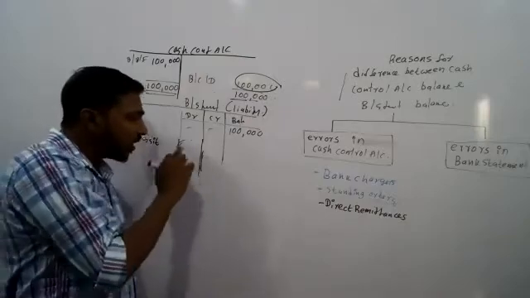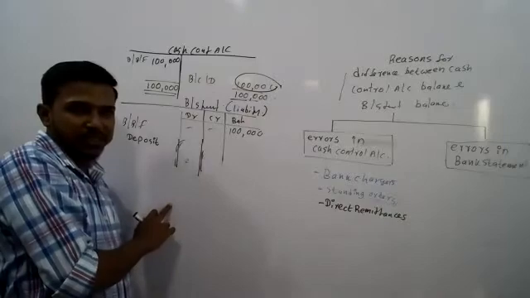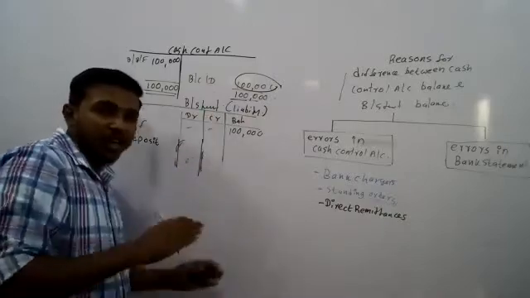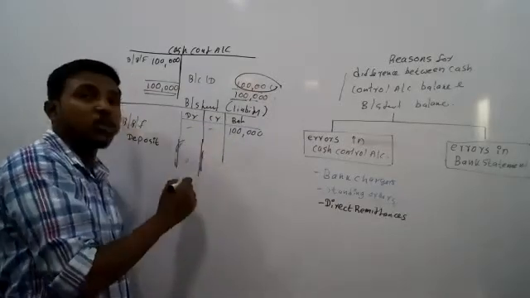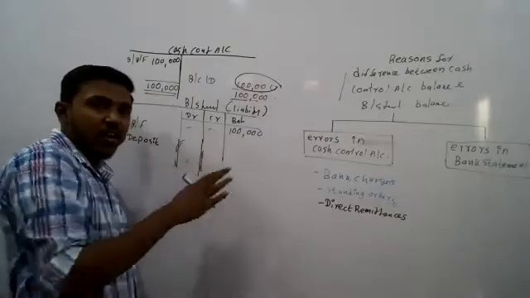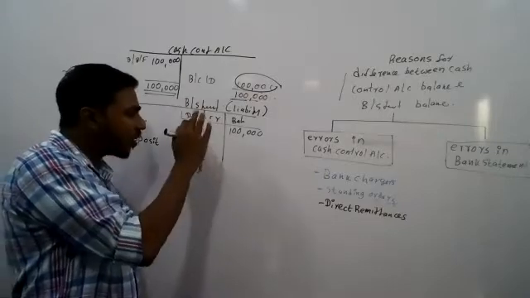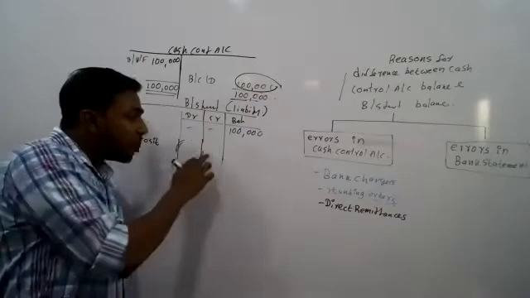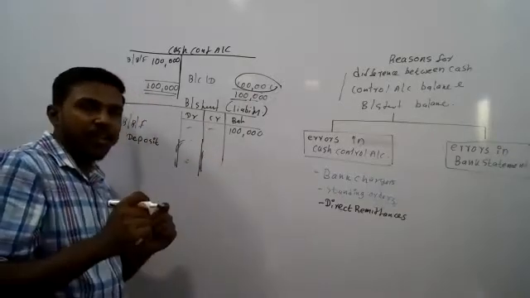Once you deposit 50,000 in the current account, what happens to the bank's position? The bank's liability would be increased, because once the debtor deposits 50,000, the bank is supposed to keep that 50,000 on behalf of you.